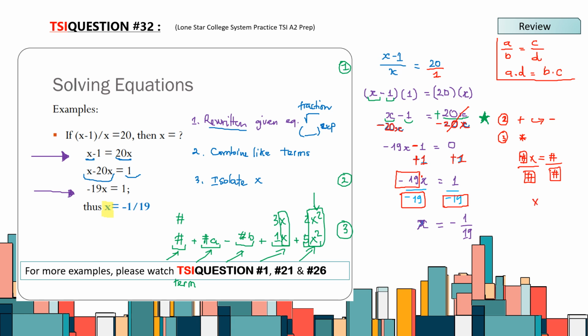So we isolate x as a number on the right hand side, divided by the coefficient of x on the left hand side. Okay, when you see multiplication like that, we will use division. And whenever we do one side, we do both sides.